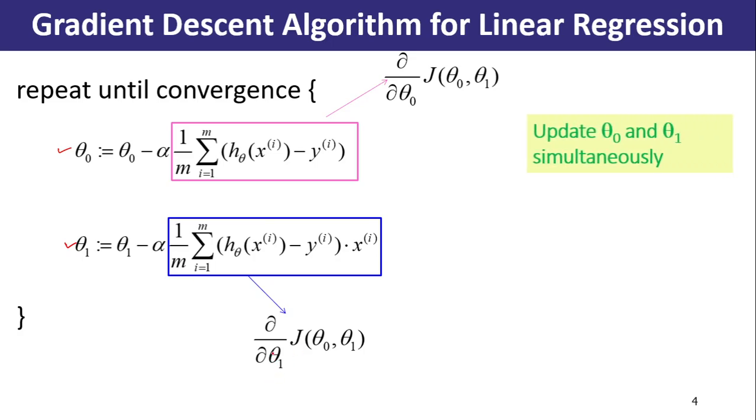We simultaneously update theta 0 and theta 1 in gradient descent and repeat this process till convergence. In the last tutorial we saw how we can implement gradient descent from scratch.